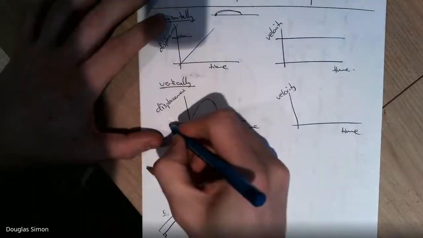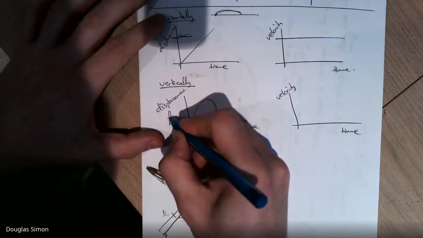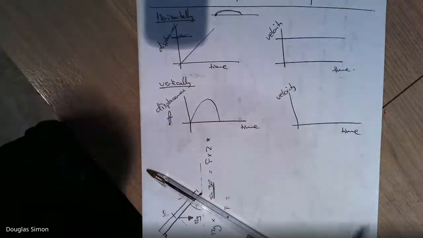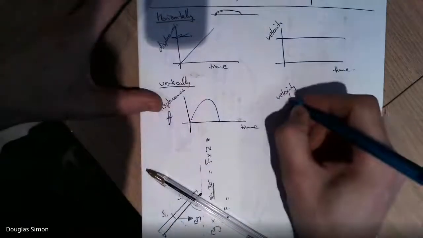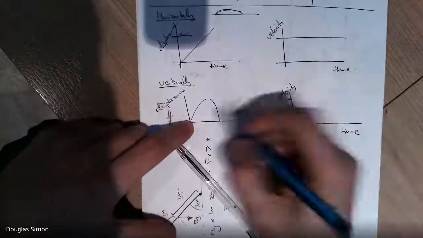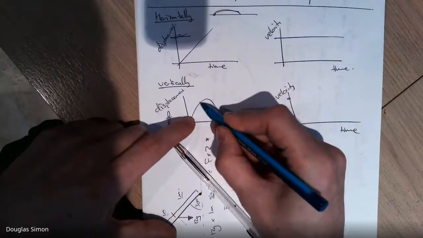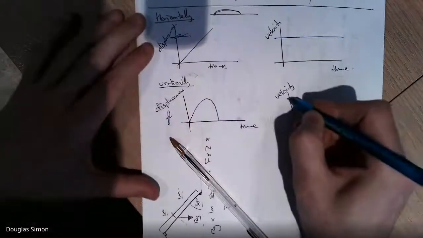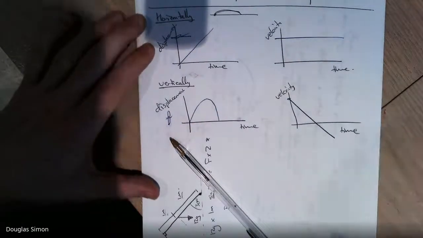Because vertically, remember, we're just looking at it going up and down, we're ignoring its horizontal motion. And then its velocity is the gradient of this graph. So it's steep, and then it's decreasing, decreasing, it'll get to 0, and then it will increase and increase, but negatively. So it should look something like this.